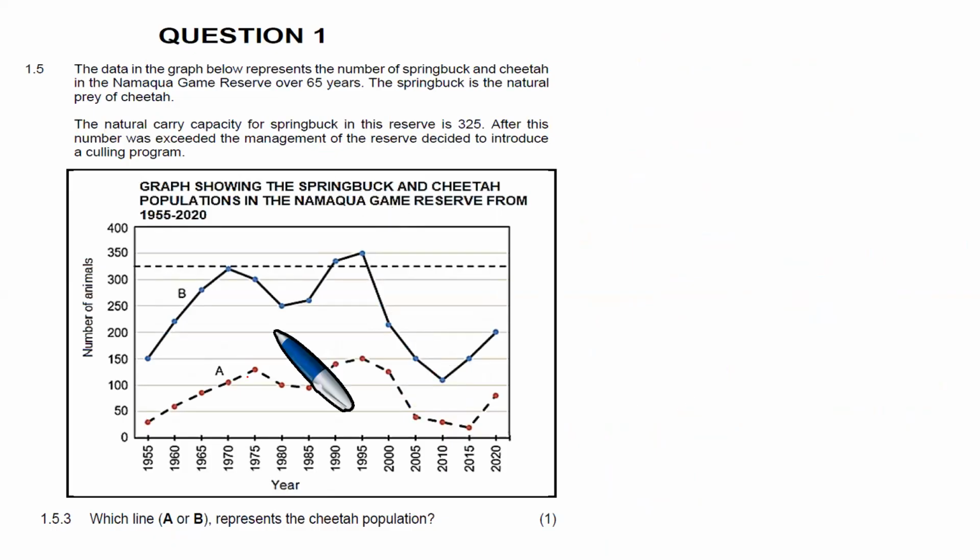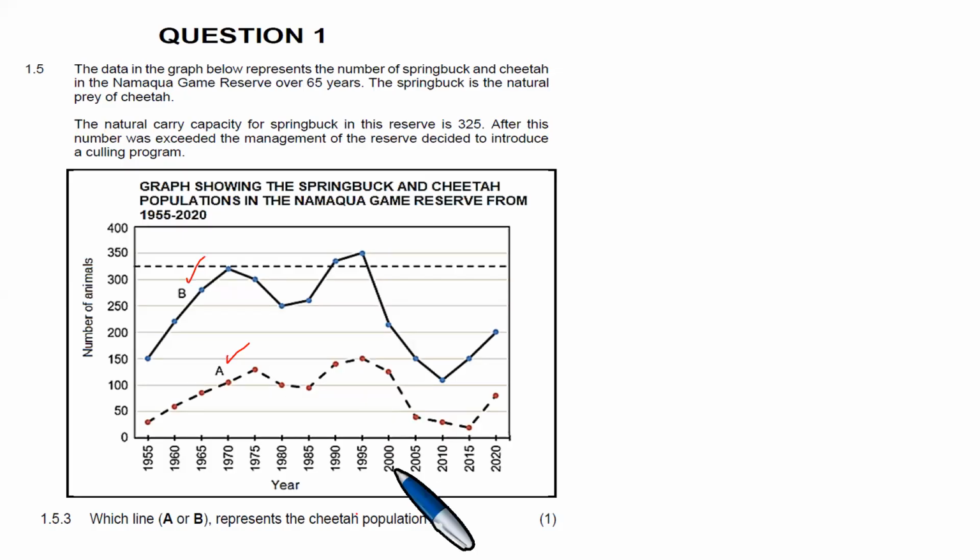We've already read the story and we've looked at the graphs. These graphs have just been carried forward, but we're answering the questions. Which line, A or B, represents the cheetah population? There are two lines. There's line A here and there's line B there.